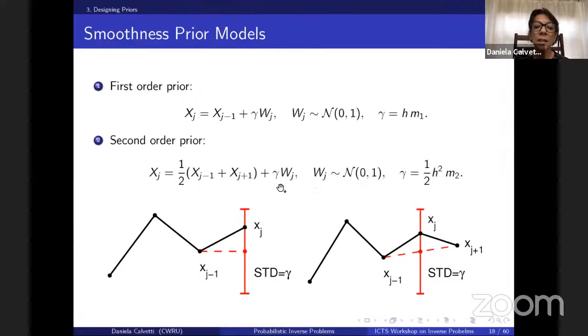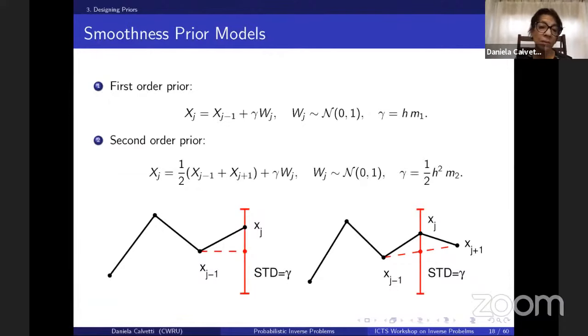This innovation term is stochastic because it has a probabilistic component. I'm drawing WJ from the normal 0, 1, and it's scaled by this term, which comes from the frequency of the measurement, so how far apart the nodes in the discretization are, and the bound on the curvature. So these are two different a priori models, two different priors for the signal.